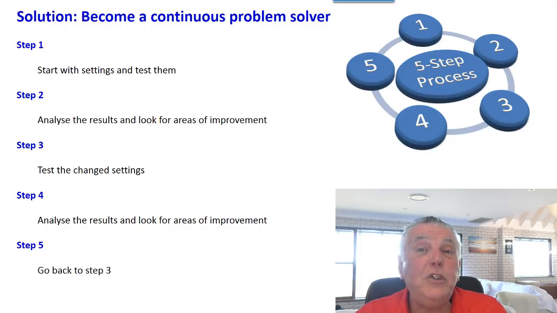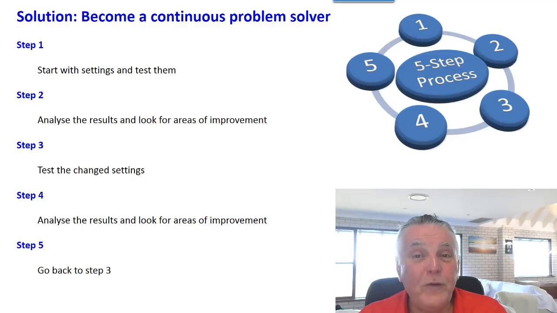But step four is to do the same thing. Analyze the results of the changed settings to see if any further improvement is required. Now you have to do this to learn how the EA works, and obviously you'll get closer to getting more robust settings.